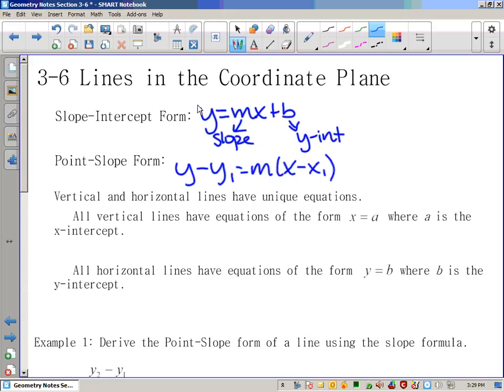Point slope form, you need the slope, which again is m, and the x1, y1 come from a point. Okay, so you could plug in the x value here, plug the y value in over here, but notice that it says minus. So you got to be careful. If x1, let's say, would be negative, minus a negative would turn it into positive. So we need to be watching for that.